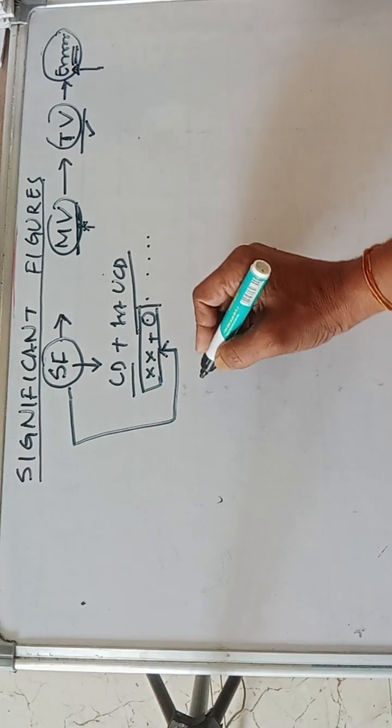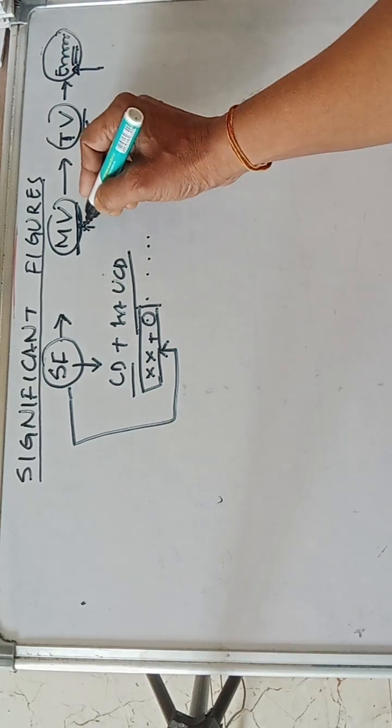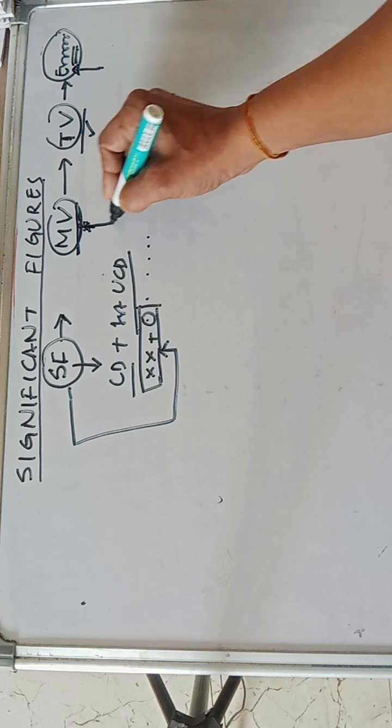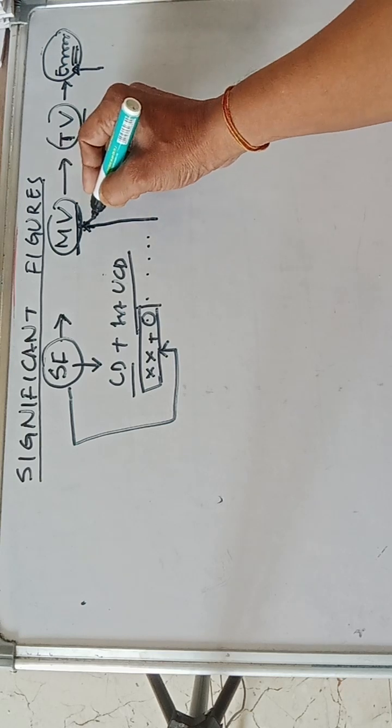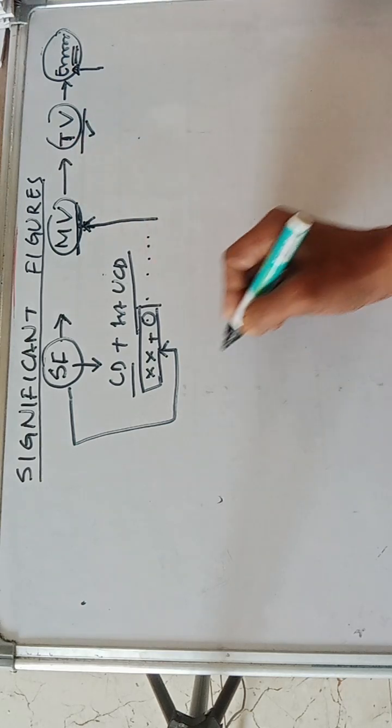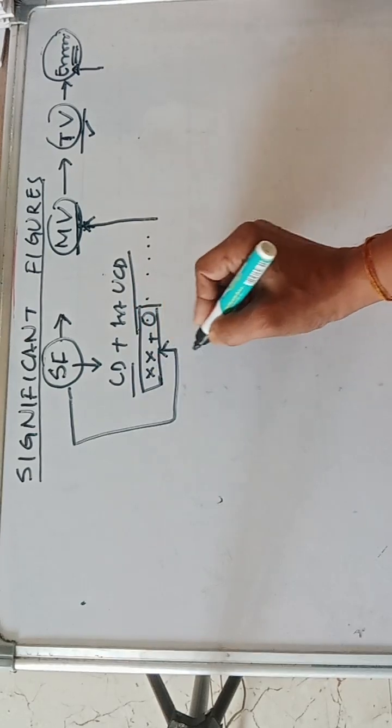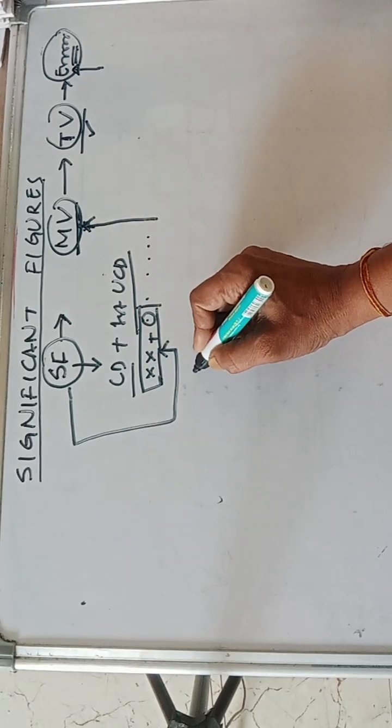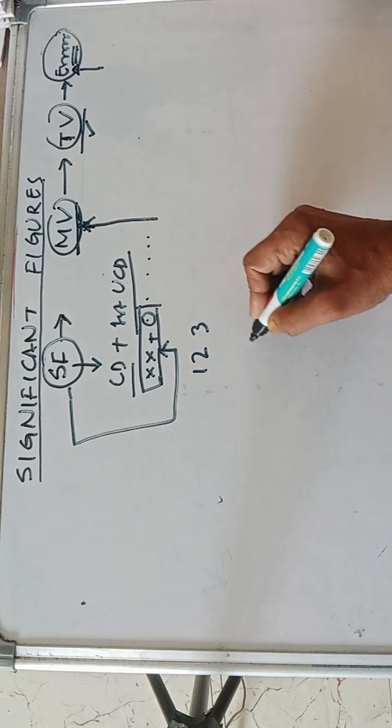Summarizing, once we do measurement of any quantity or item, in the result we will have certain fixed digits like 1, 2, 3.